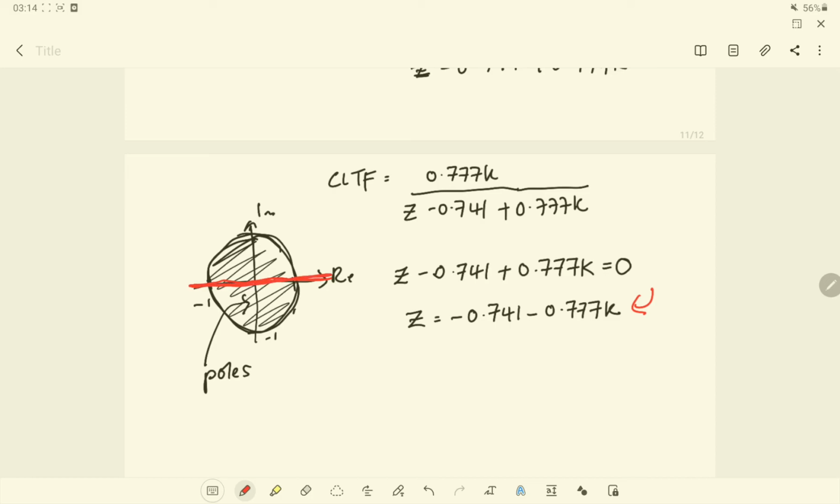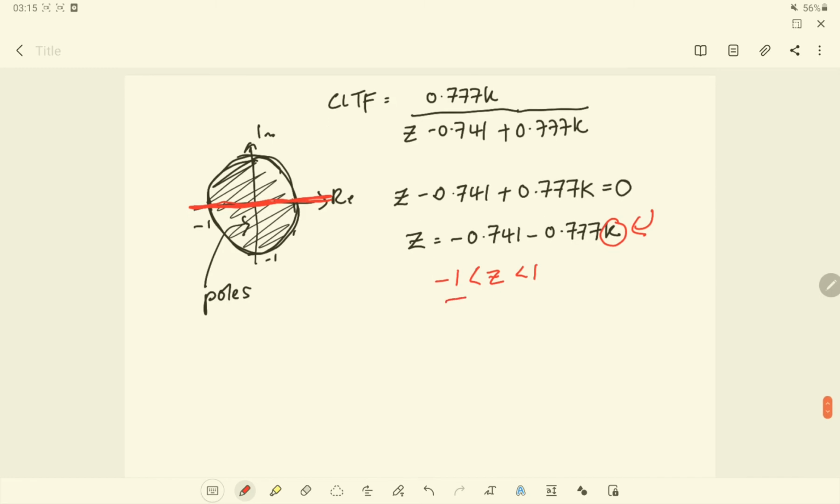Okay, so what is the range of K in order to make the system stable? The range of K. In order to make the system stable, the value of Z must be less than 1 and greater than -1.